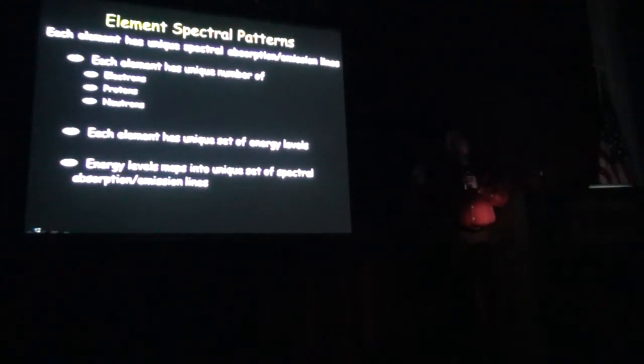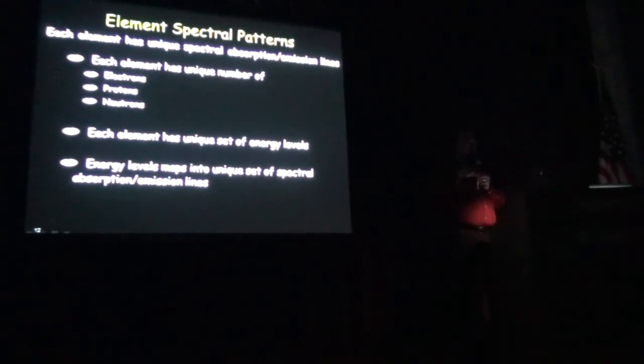And every energy level has a unique pattern in the spectrum of light. So by taking a look at this absorption or emission, we can determine the elements that light has gone through. In other words, the cool gas or the surface of the sun or even the nebula that we'll find out a little later.